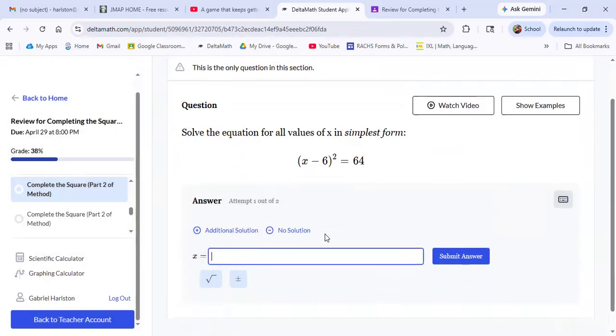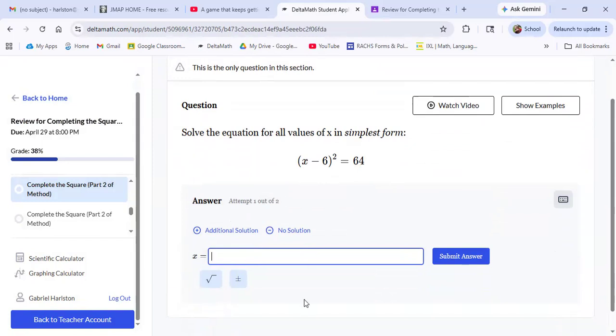All right, so here I just got a quadratic. We have the quantity x minus 6 squared equals 64. Now, we want to solve for x. All you're going to do is take the square root of both sides and then move the 6 over.